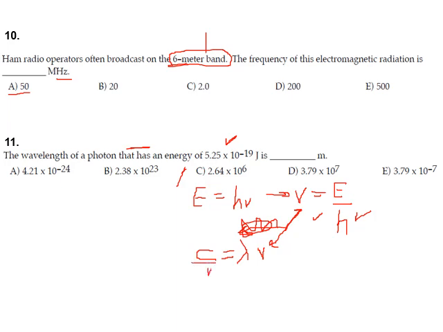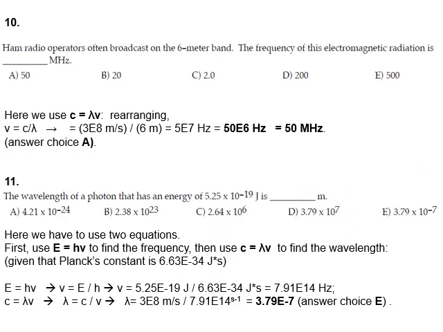On the right-hand side, the nu's are going to cancel, and you're going to have lambda equals c over nu. You can put in the nu value you figured out up here, and 3 times 10 to the 8th for c, and that will give you your wavelength. So let's go to the next slide and see what the answer was.